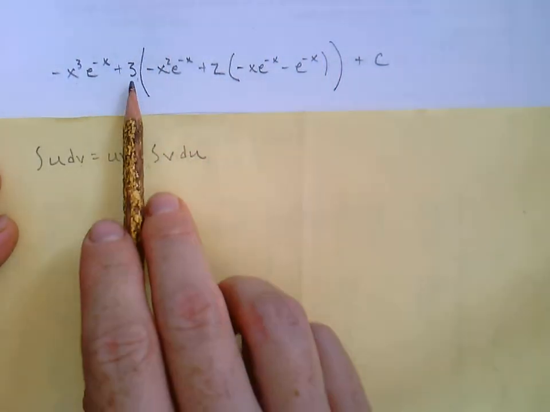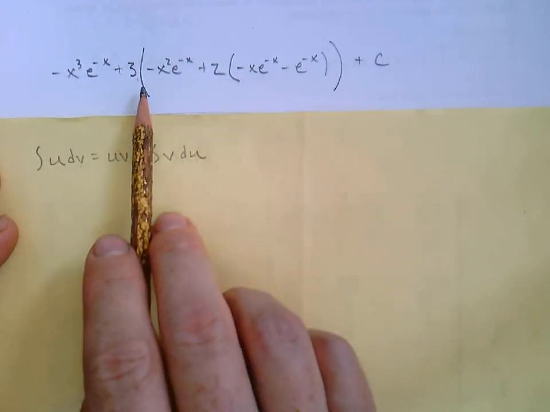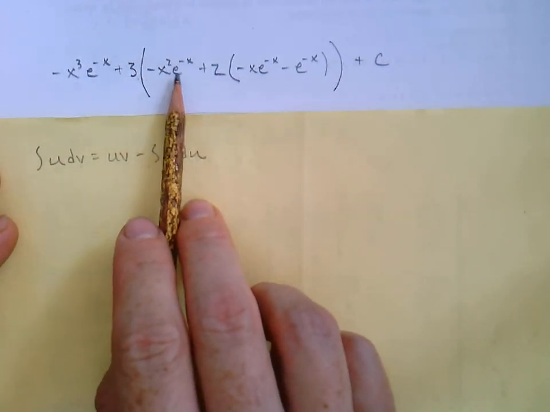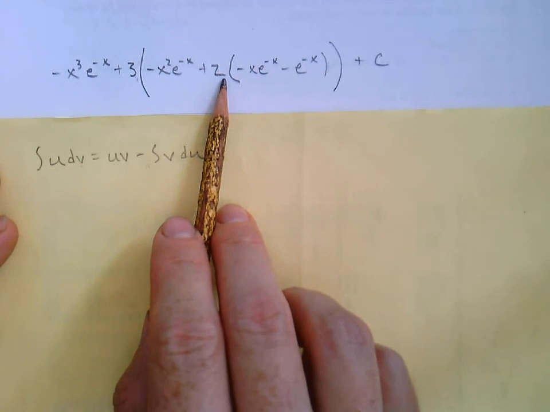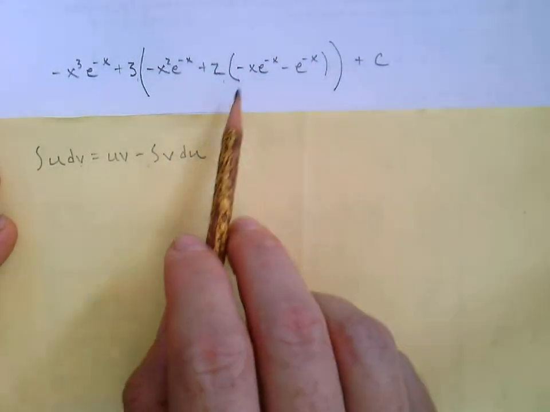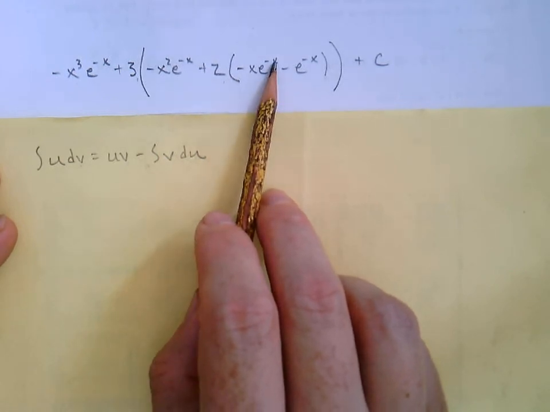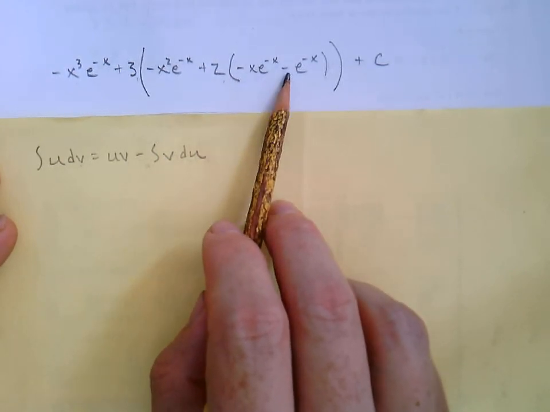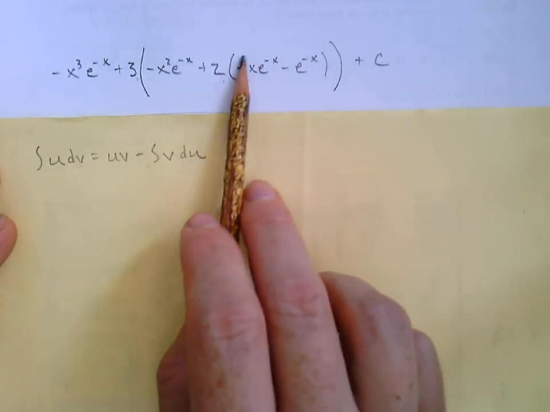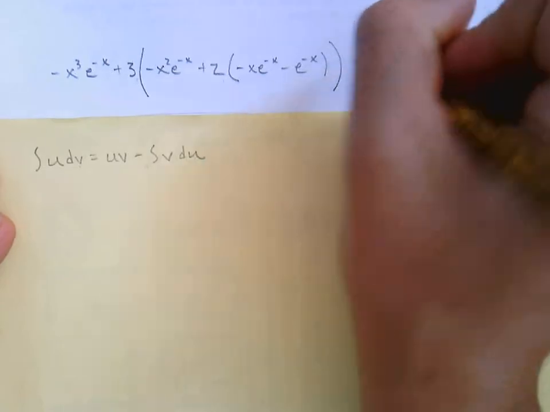Then 3 times what? When we continued further, we had negative x squared e to the negative x plus 2 multiplied by another integral. But then we did another integration by parts the third time, and it was negative x e to the negative x minus e to the negative x. That's what we just got a moment ago. The plus c will just be out on the very end of everything.